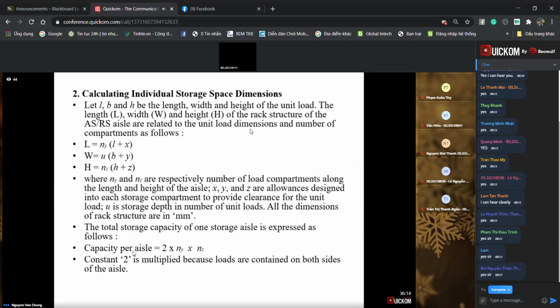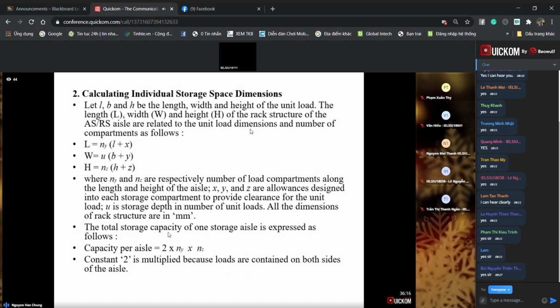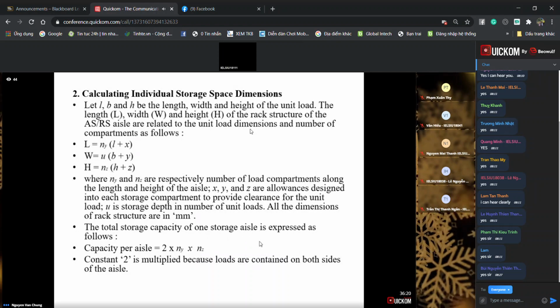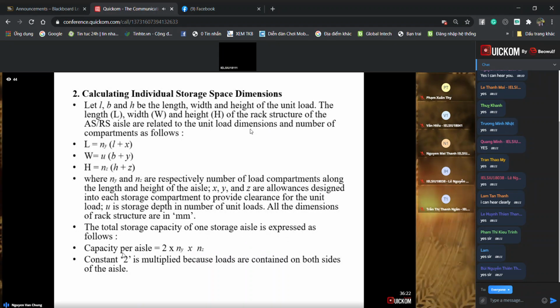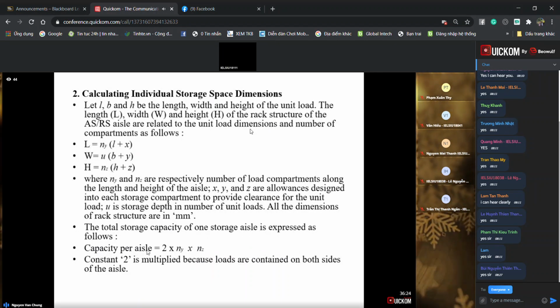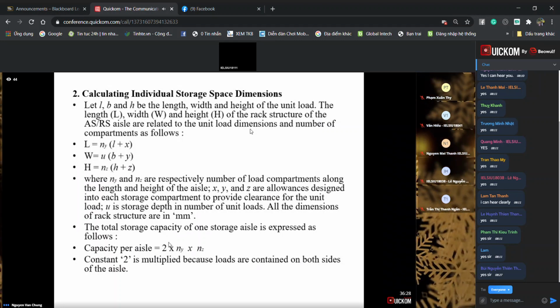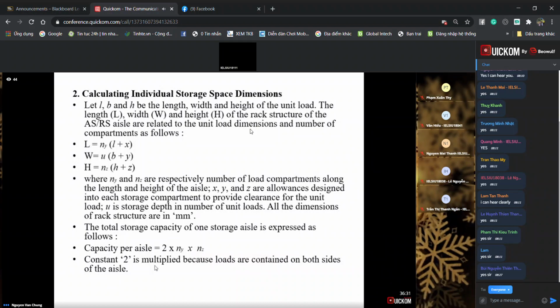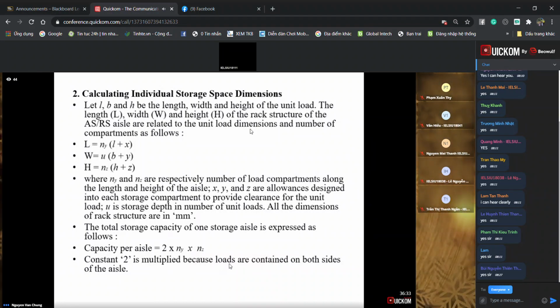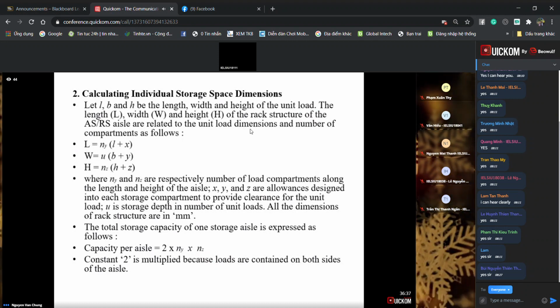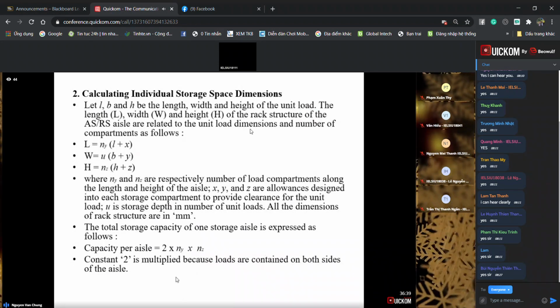Okay, and the total store capacity of one store L is expressed as follows: the capacity per aisle, multiplied by two, because the loads are on both sides of the aisle.